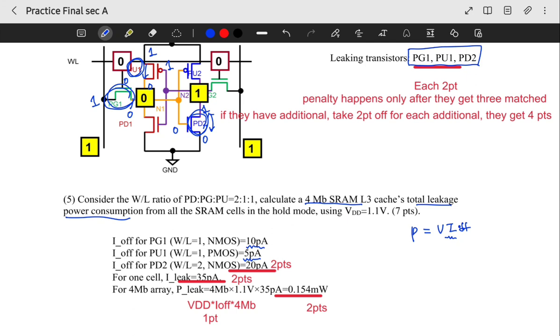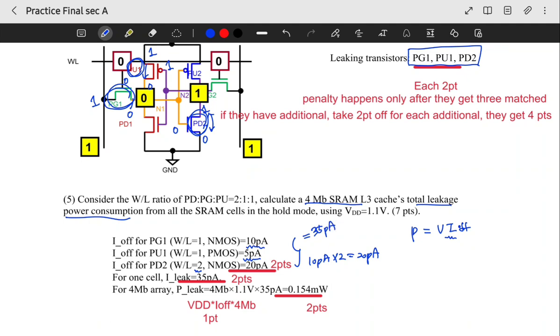And for the PD2, W/L is equal to 2, so we have to multiply by 2 to get 20 picoamp. So if we add all this up, then you will get 35 picoamp.